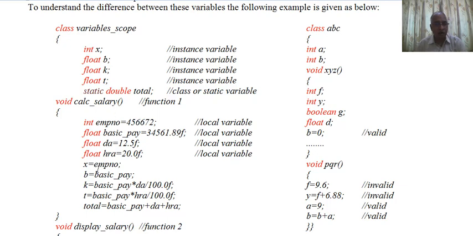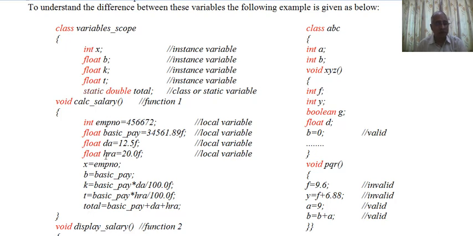Now what I am doing is transferring the value of empNumber to x, and x is an instance variable here. Now always remember that these variables empNumber, basicPay, DA, HRA can be used inside this function only. You cannot use these variables outside of this function. As soon as you try to use these variables outside this function, they are no longer valid.